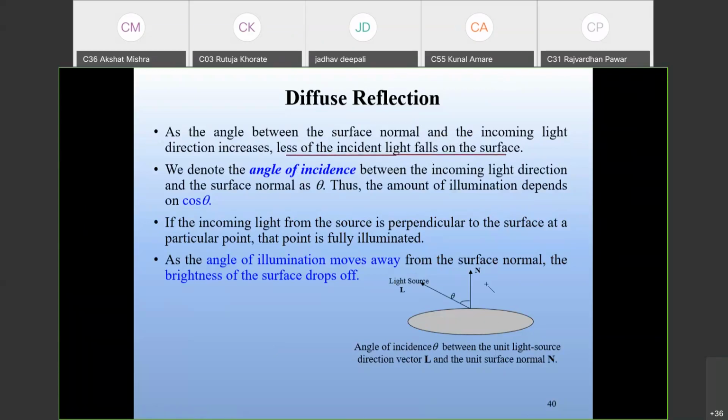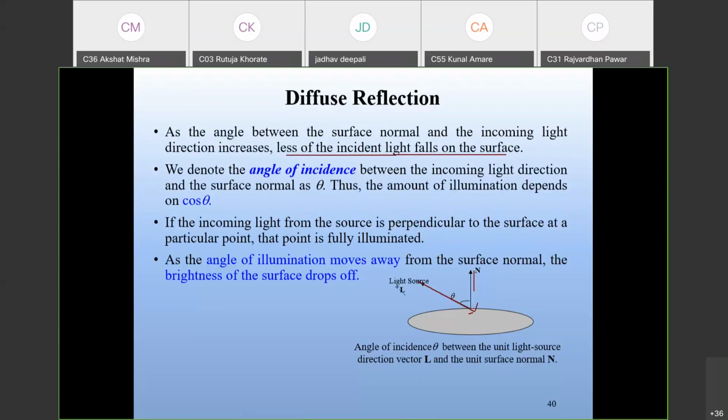This is the light source. Light is incident here, and this is the angle of reflection, the way in which it is reflected. So that theta is important. When it is more, less light falls on the surface.